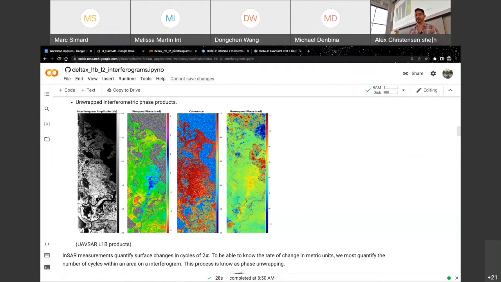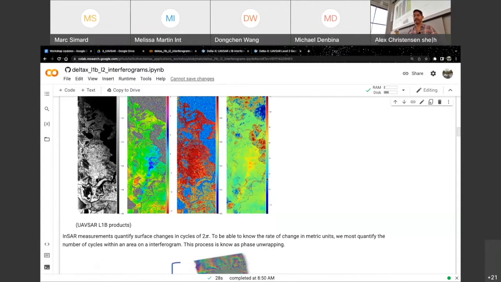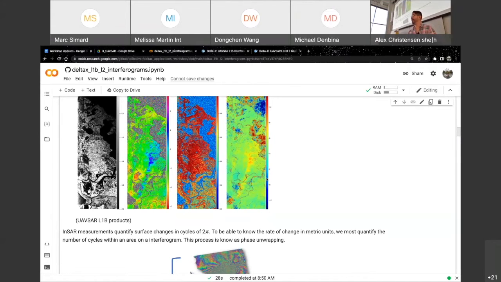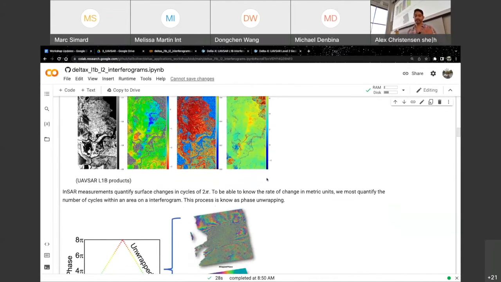Again, the coherence is the correlation between the 2 images that we are comparing, and it'll help us to see which parts had changes over the two acquisitions. And the unwrapped phase is basically the wrapped phase that has already been translated into actual dimensions of change. I will talk a little bit more on that because it's a complicated concept, and it's just an overview.